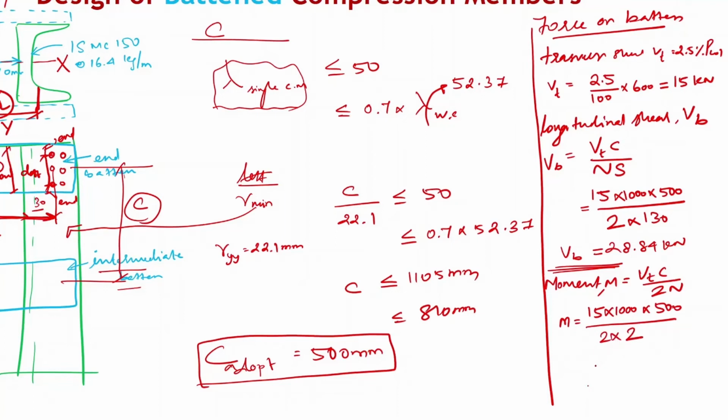So the moment I am getting is 1.875 into 10 to the power 6 kilonewton meter. Okay, now I know how much is the force on batten. Now I need to check the strength of batten.